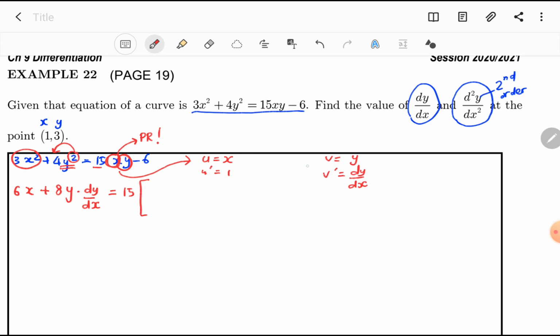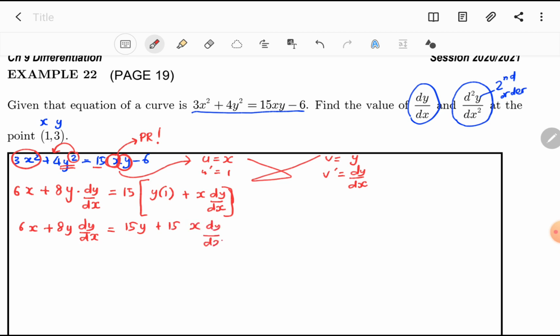So we have y times 1 and then plus x times dy dx. So we try to simplify: 6x plus 8y dy dx equals 15y plus 15x dy dx.